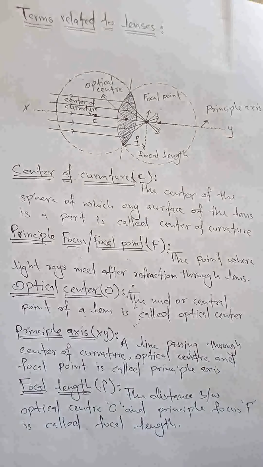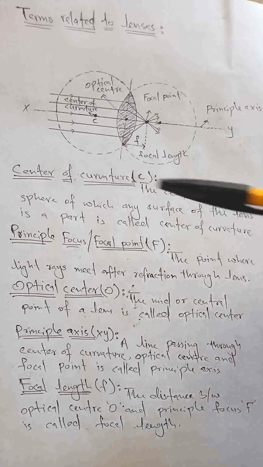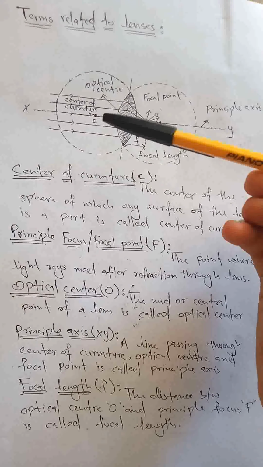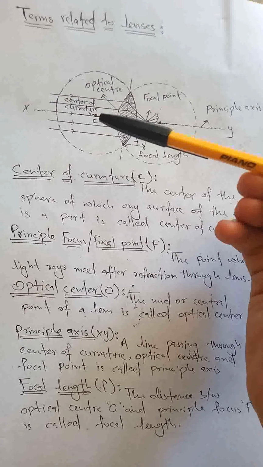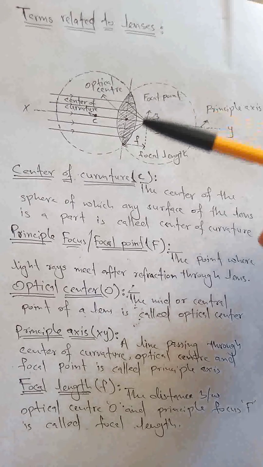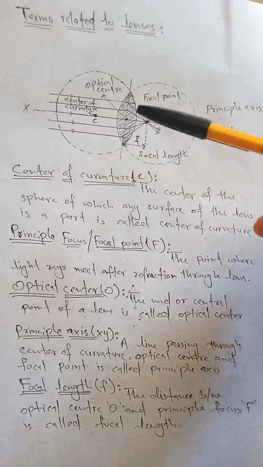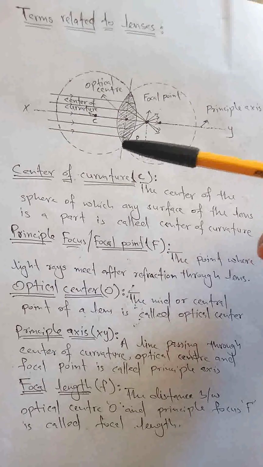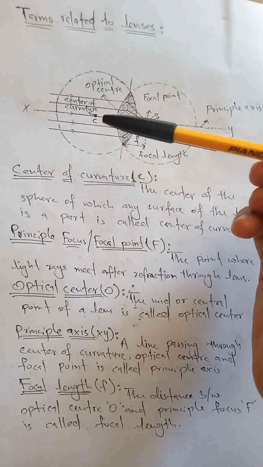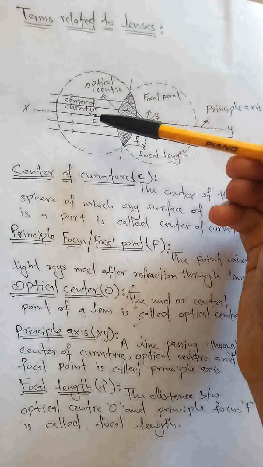That center is called center of curvature. It is denoted by C.